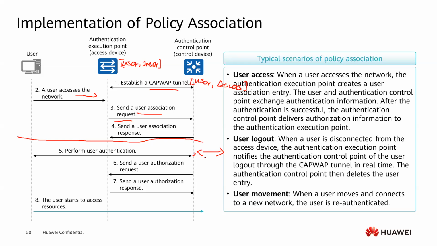When the authentication succeeds, it will create a new user entry with the user's IP, the MAC, the access devices, the access interface and other information. It creates a whole entry just for the user's information, with the IP, the MAC, the access devices, and the interface.